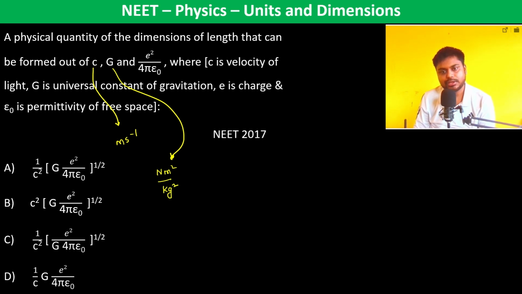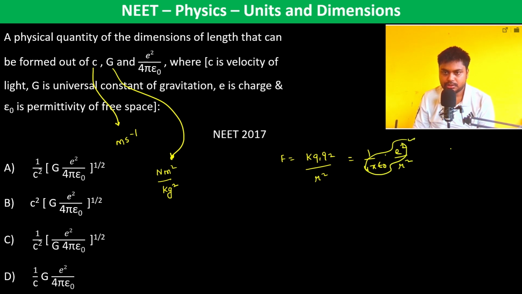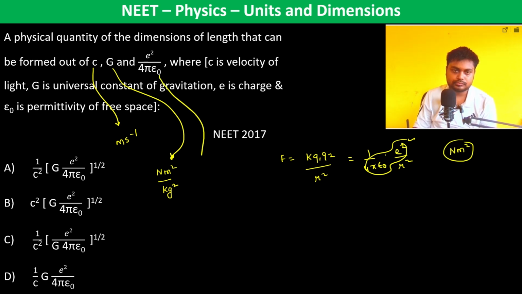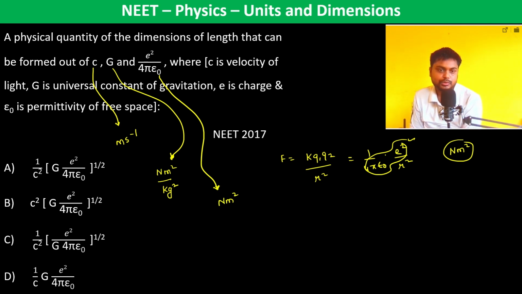So of course we have this force is equal to K into Q1 Q2 by R square, which is basically 1 by 4 pi epsilon naught into e square by R square. So this is going to be Newton meter square.